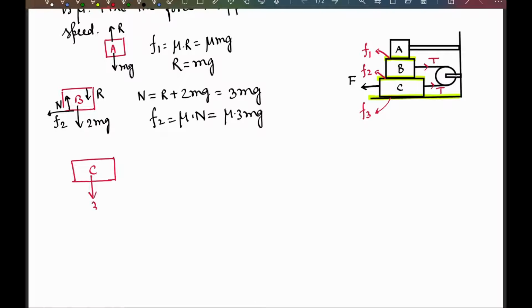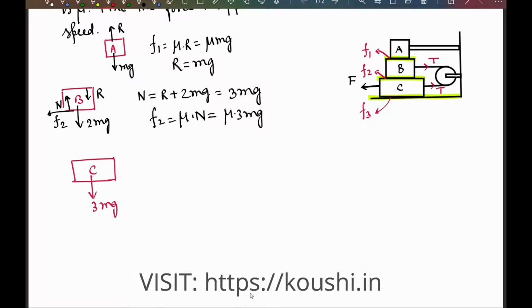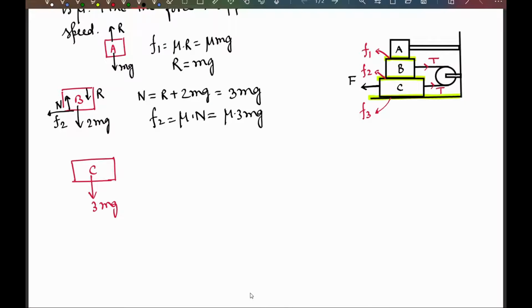The weight is 3 mg. The reaction force applied by block B on block C, that is N, is in the downward direction. The reaction force applied by the ground on block C is upward, suppose this is P, and the frictional force is F3.